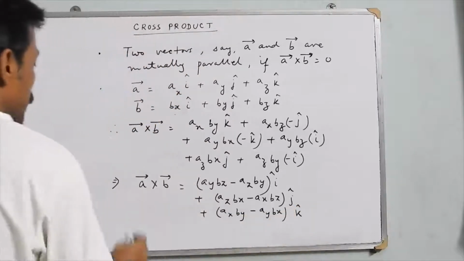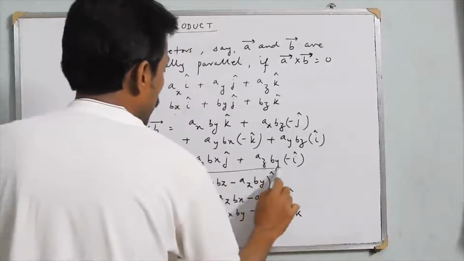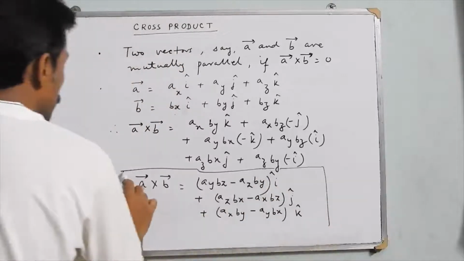So this will be A cross B when A and B are expressed in component form.